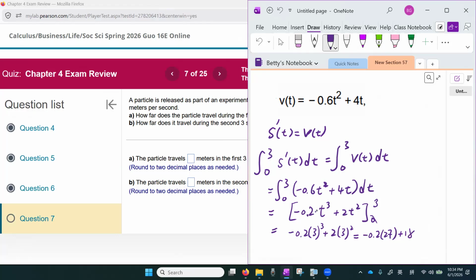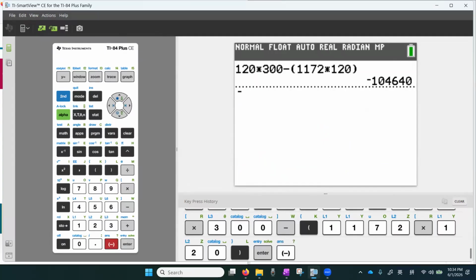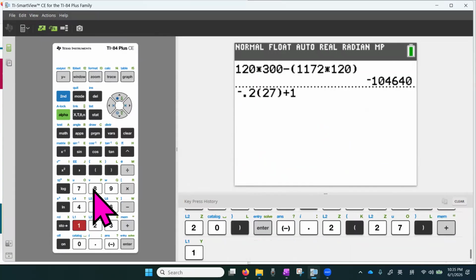Double 9 is 18. So we get negative 0.2 times 27 plus 18.